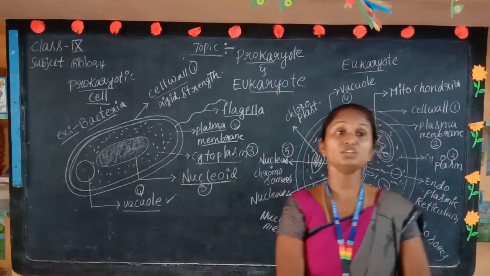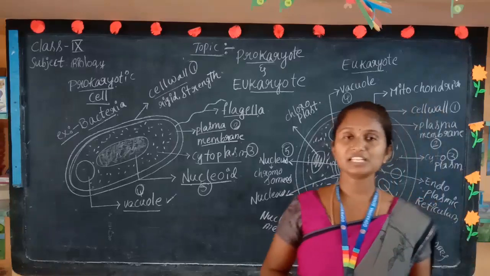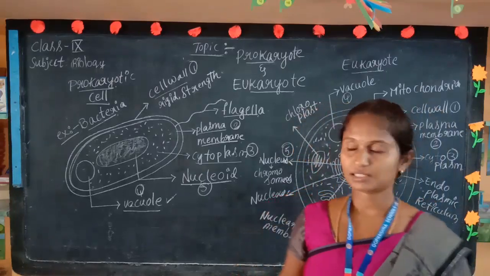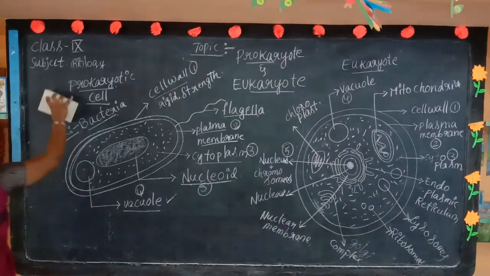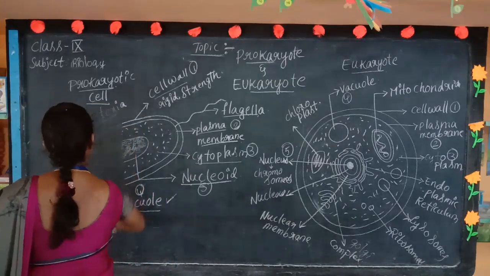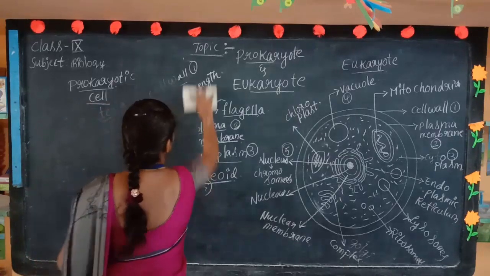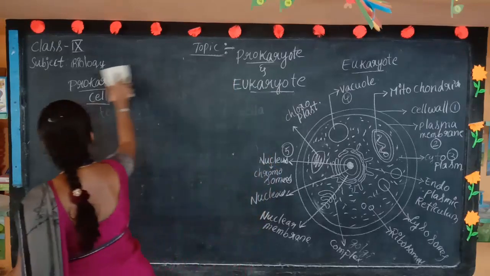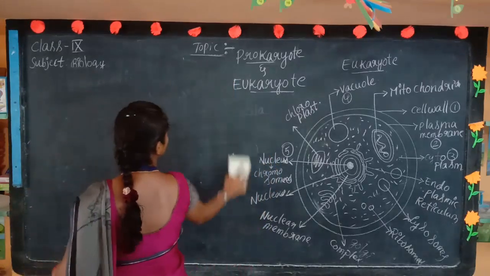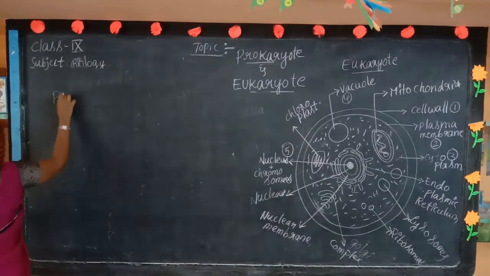And we need to know what the differences are based on size. We will see the size with the help of one chart. What are the differences between the prokaryotic and eukaryotic cell?